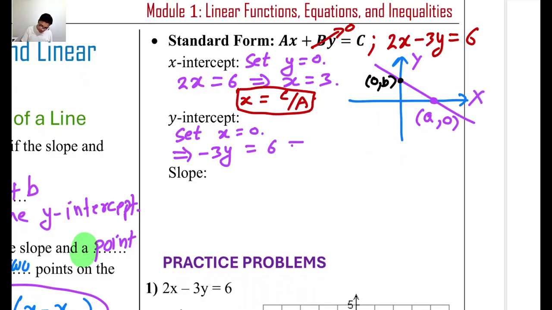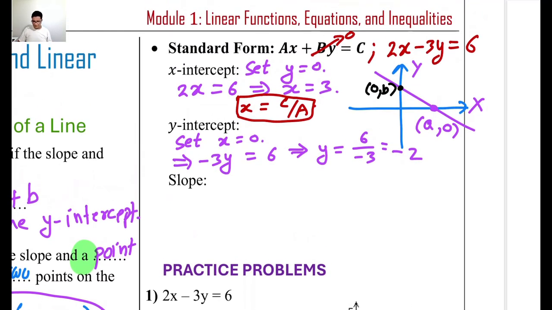Right. Now divide both sides by negative 3. You get y equals 6 divided by negative 3, which is negative 2. Hence your y-intercept is 0 comma negative 2. Turns out the line has a positive slope and it's going from the first quadrant to the fourth to the third quadrant.